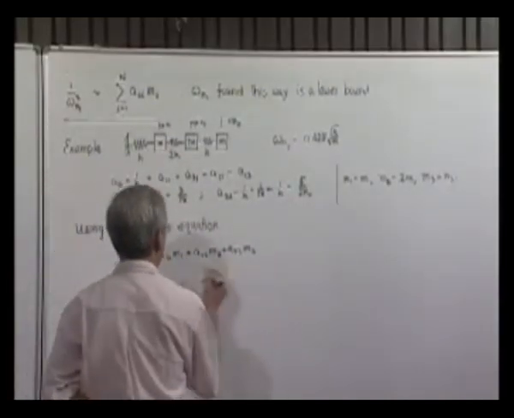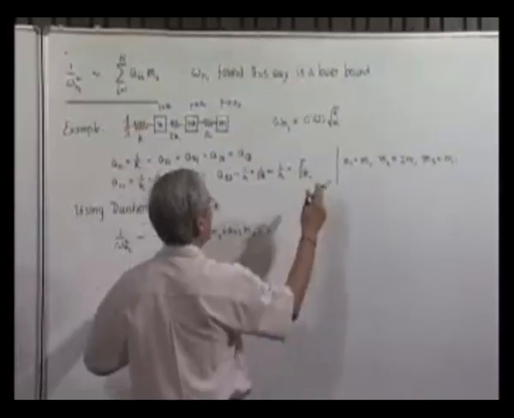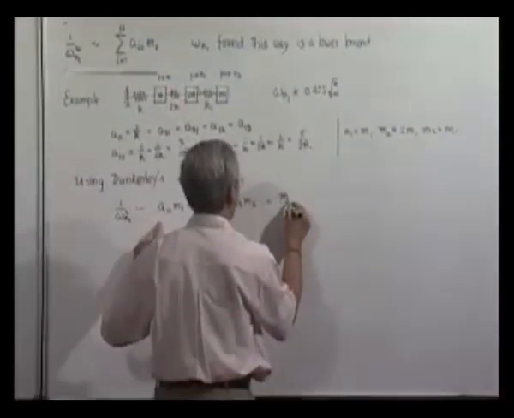So, this will be equal to A11, which is 1 by k into m, which is simply m by k.